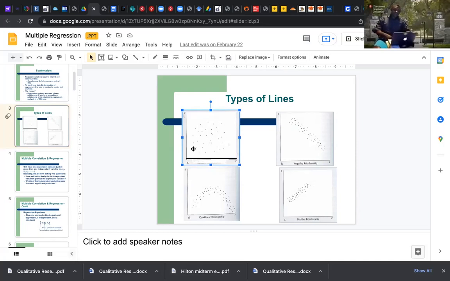Sometimes when we talk about validity and reliability, we use the example of people who shoot at a target, like in archery. Usually the center of that target is the accuracy.